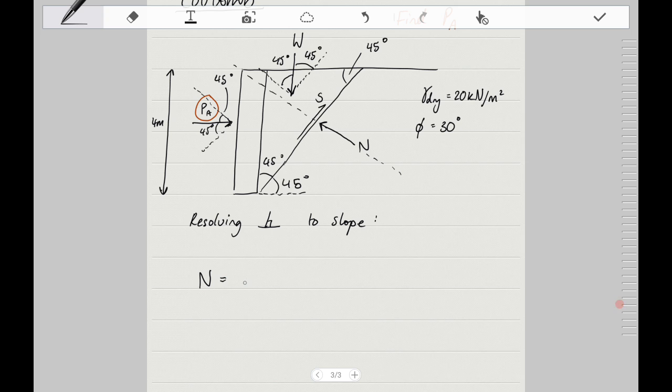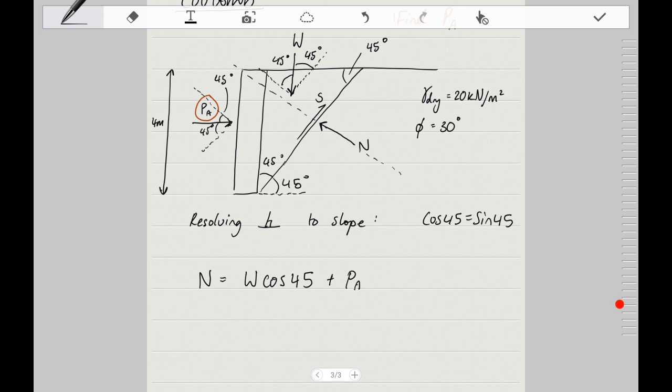So now we can do W cos 45. You can even do sine 45. Just to remind you, cos 45 equals sine 45, and you can plug that into your calculator to reassure yourself.